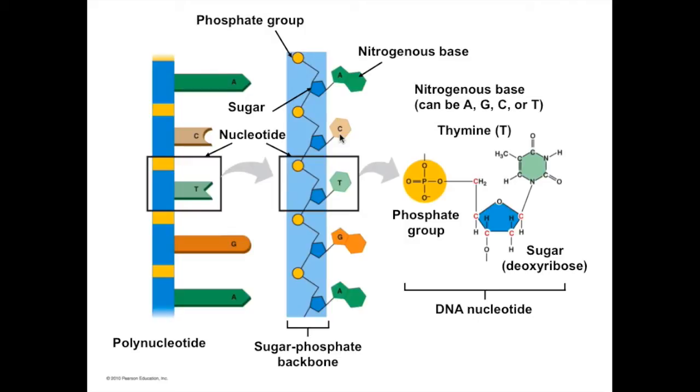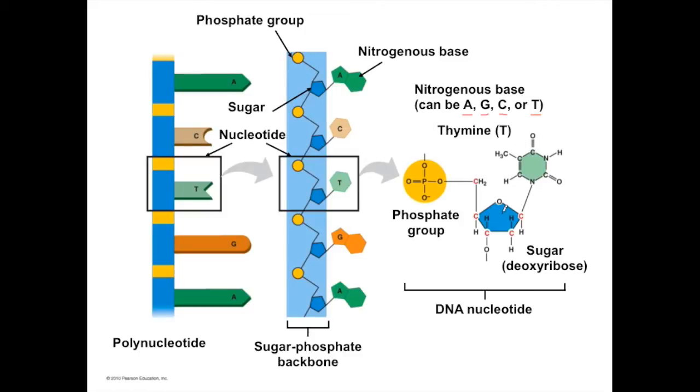Here's what that looks like. On the right, there is a nucleotide. This particular nucleotide is the one that includes as a nitrogenous base thymine. Now here is that nitrogenous base, and the nitrogenous base comes in four different types, and these are for short A, G, C, or T in DNA.